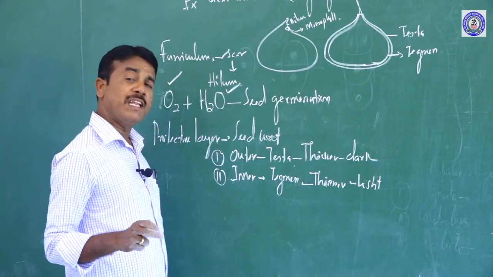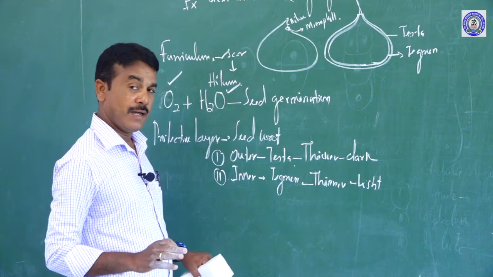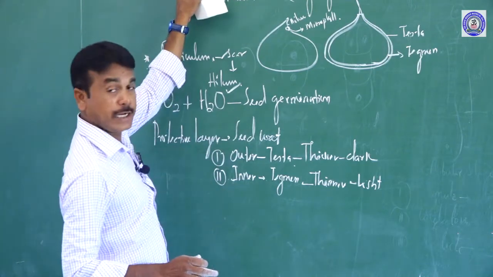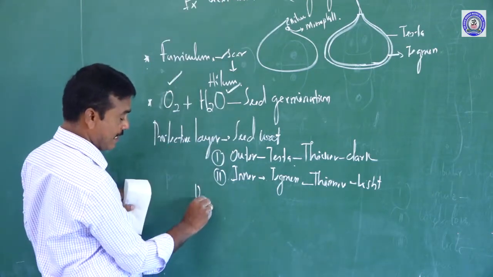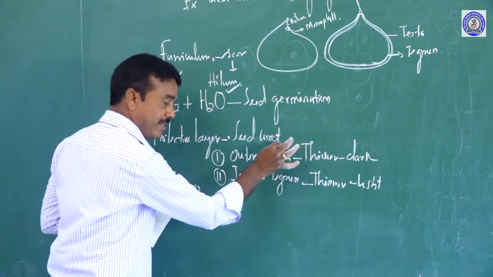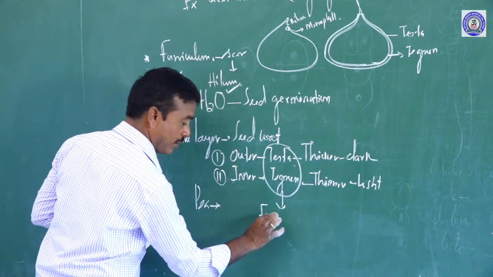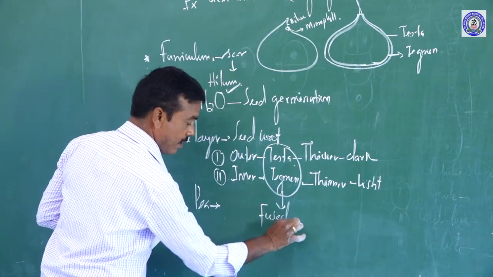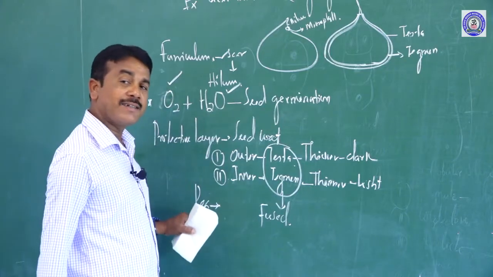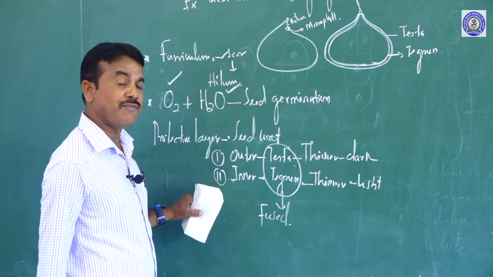Usually those two are present as separate layers. But according to dicot members, in the species called Pisum sativum, both testa and tegmen are fused. But in other dicot seeds, the testa and the tegmen are not fused.